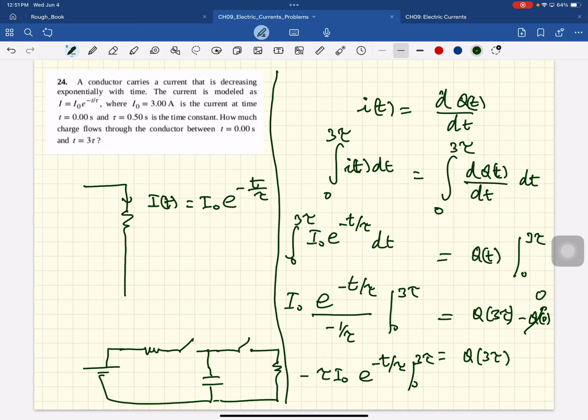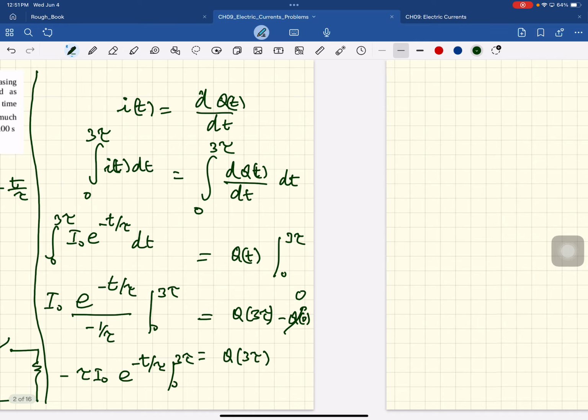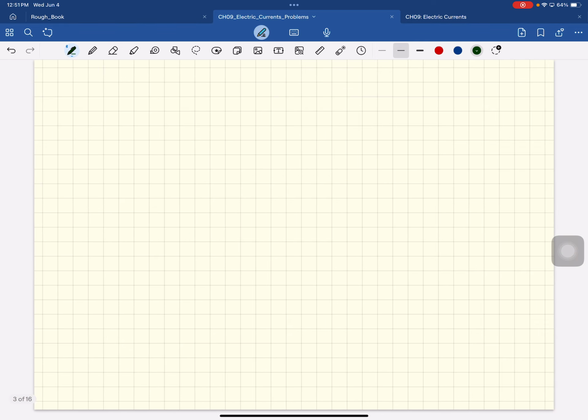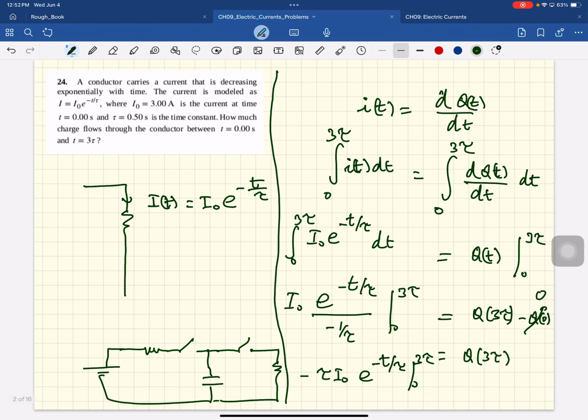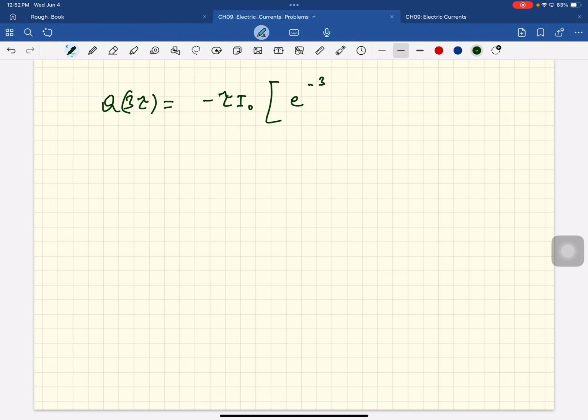So I've sort of squeezed all that in, but anyway. So Q of 3 tau, after 3 time constants, is minus tau I naught, e to the power minus 3 tau by tau, minus e to the power 0, which is 1.